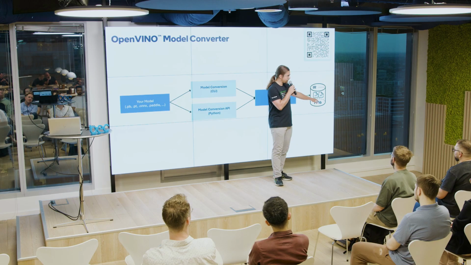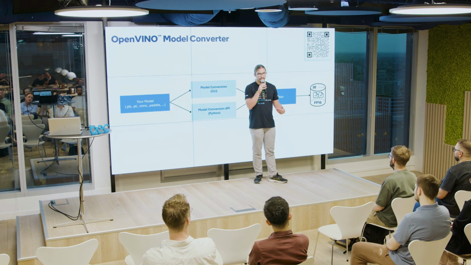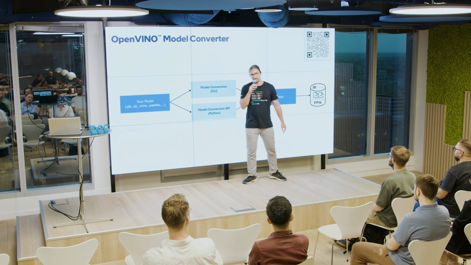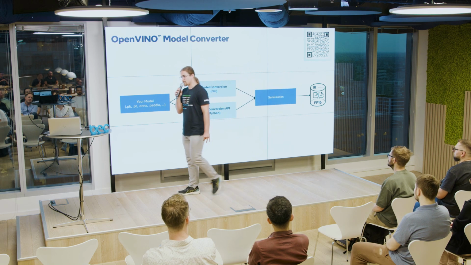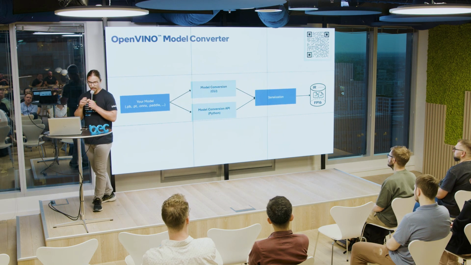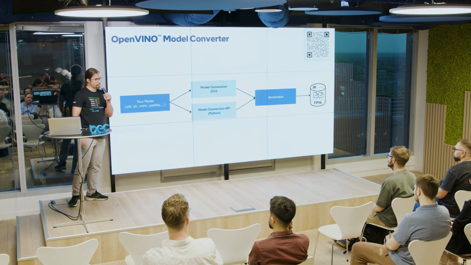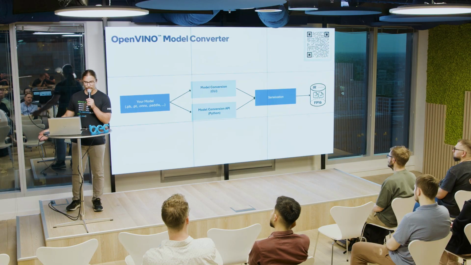One is XML file, which contains a model architecture. So different layers are defined, different connections between layers, and binary file, which contains all the weights of the neural network. So how to convert your model in one of those formats to IR format?